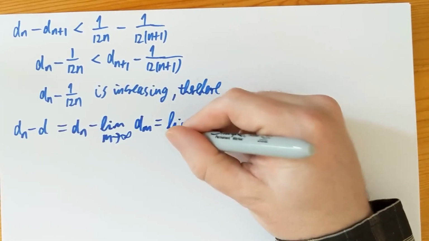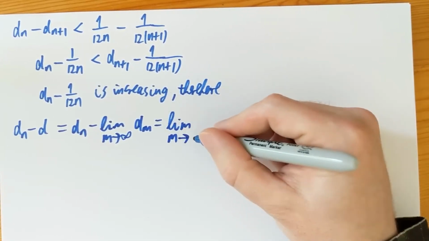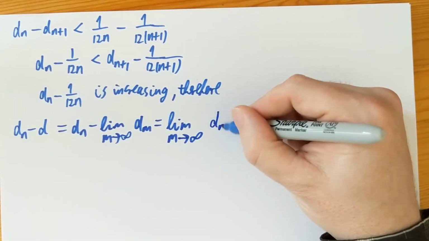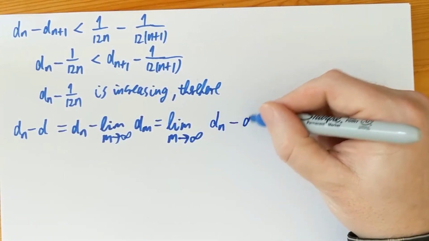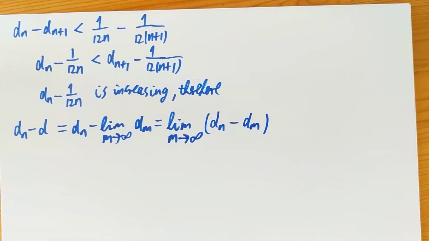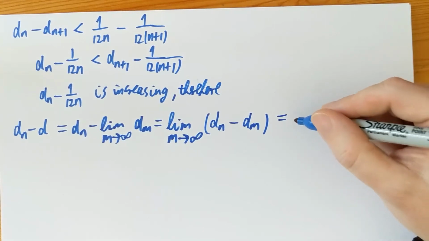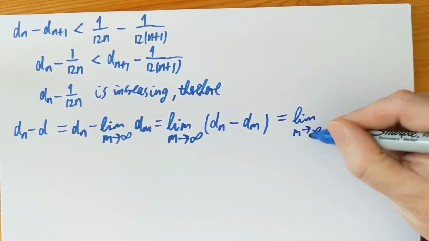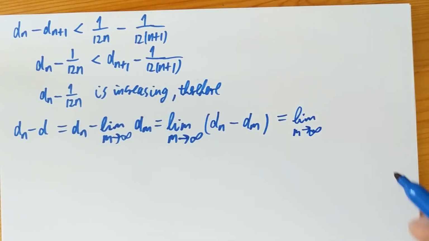Now, m is the variable I take the limit in, and for that purpose dn is a constant, which means I can pass the limit through the dn. It doesn't depend on m. Okay? And that is the same as the limit as m goes to infinity, so I want to make use of this increasing property here.